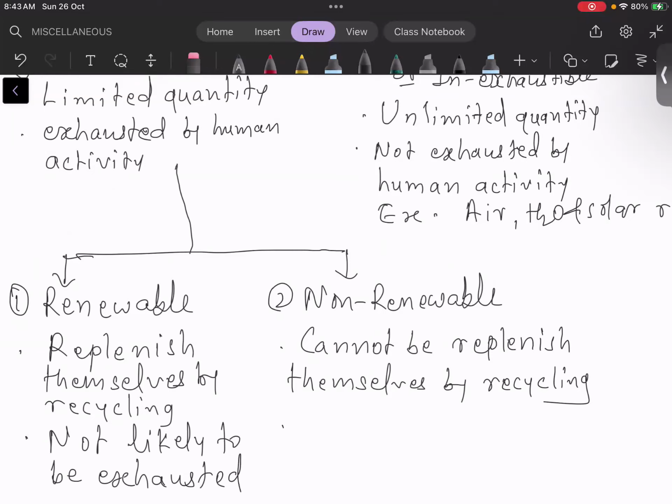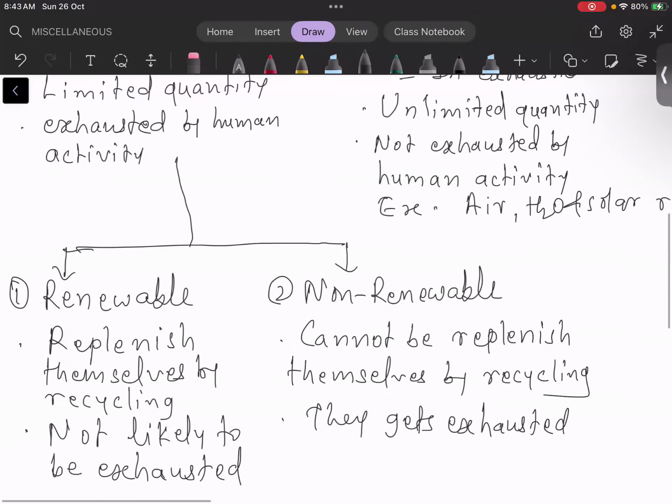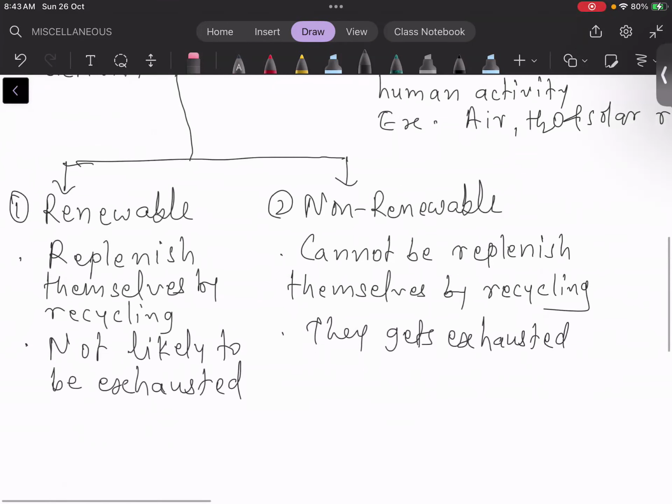Non-renewable resources get exhausted. The best examples of renewable resources include soil, forest, and wildlife.